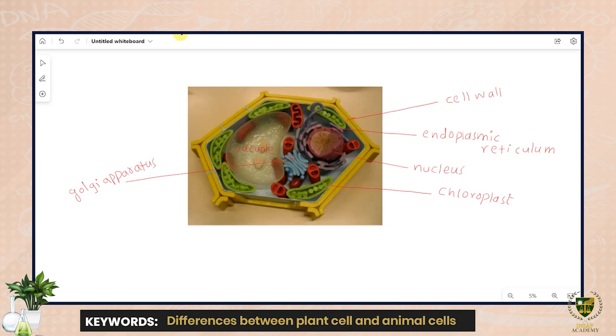And these are the vesicles which are being formed by this Golgi apparatus, and this is the cytoplasm, and dear students, this bluish colored layer is the plasma membrane.